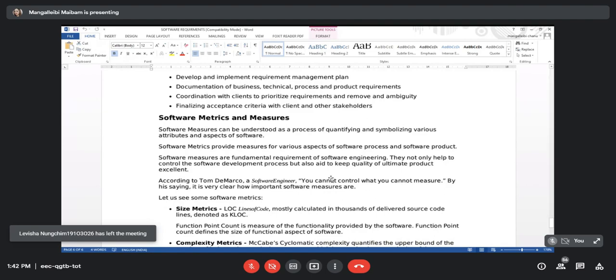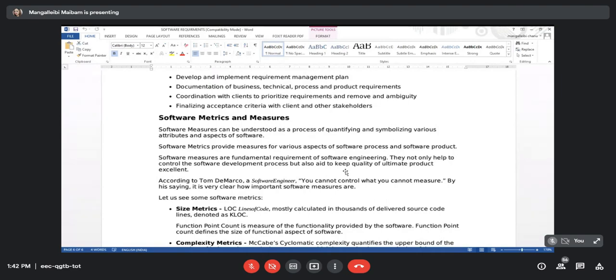Say for example, LOC is nothing but lines of code. So how many lines of code are there in our software development process? When we say that, it is called size metrics, which is measured in terms of LOC. LOC is nothing but lines of code.